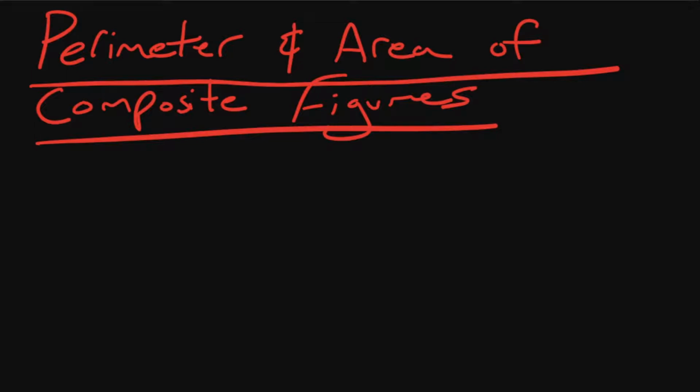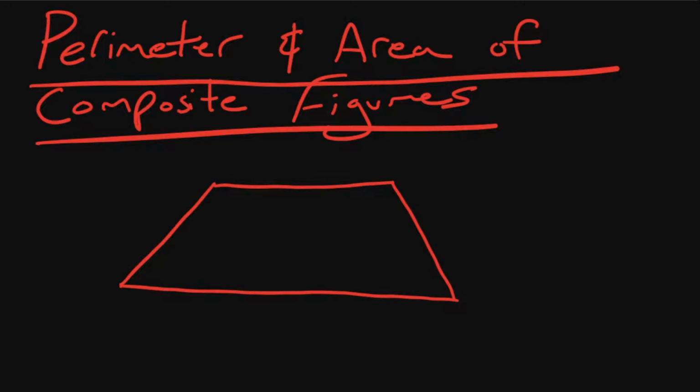So let's look at an example where I have a weird looking shape like this. Let's pretend that this is a 90-degree angle here, and the distance from here to here is 4 centimeters, and then the distance at the top from there to there is 24 centimeters.